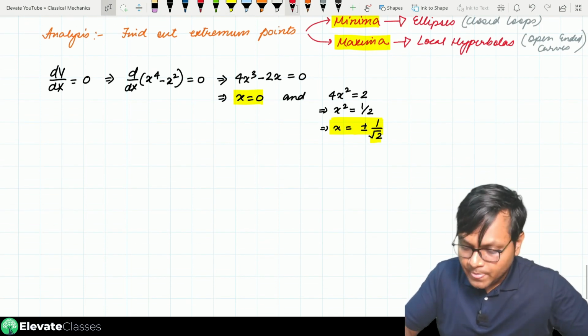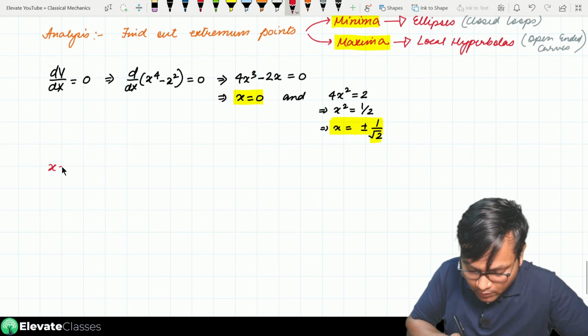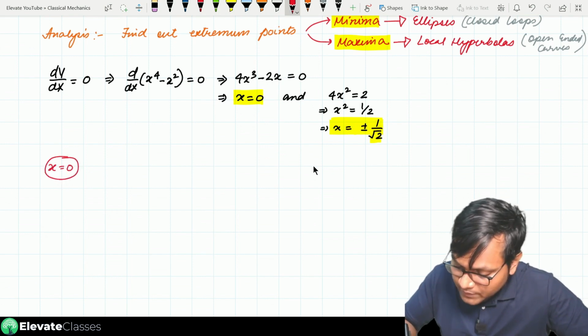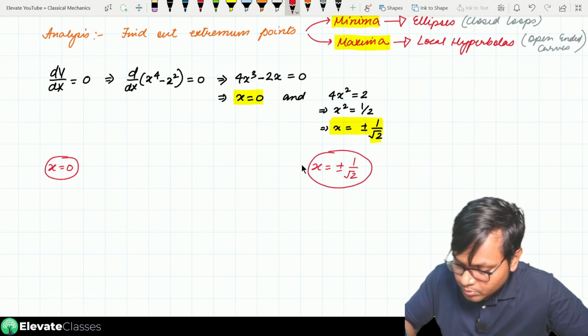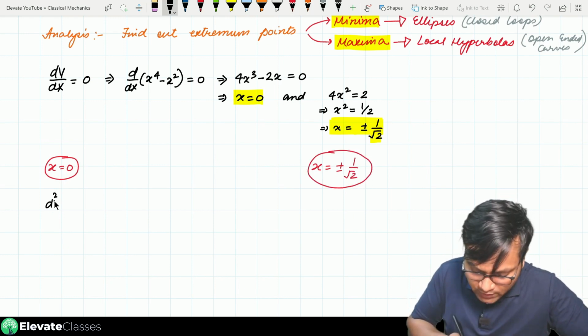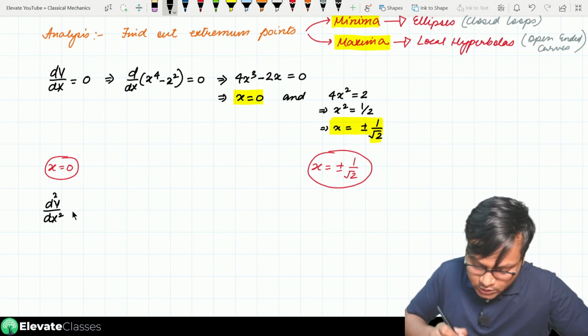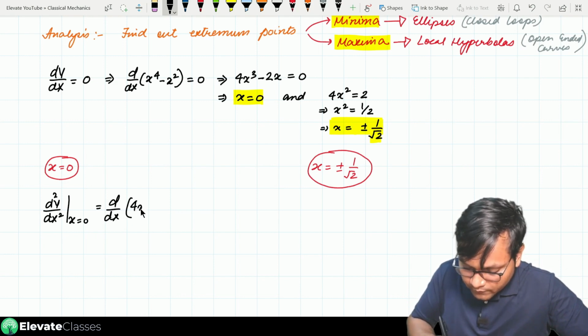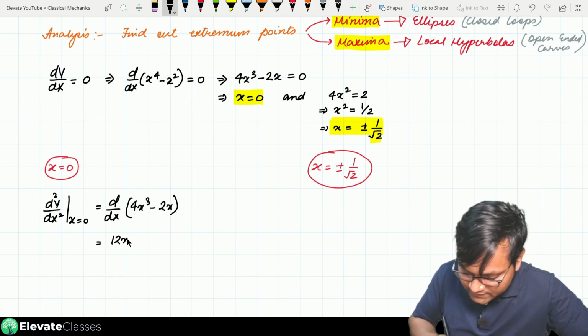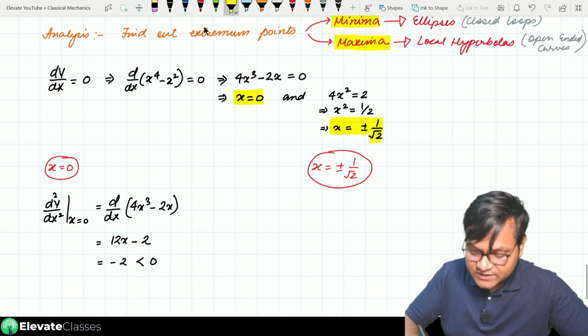So let's see what happens at x is equal to 0, and what happens at x is equal to plus minus 1 upon root 2. For that we need to do a second order derivative, d2V upon dx2 at x is equal to 0. This will be d upon dx of 4x cube minus 2x, which is equal to 12x square minus 2. So at x is equal to 0, this becomes minus 2. So this is less than 0. That means x is equal to 0 is a what?